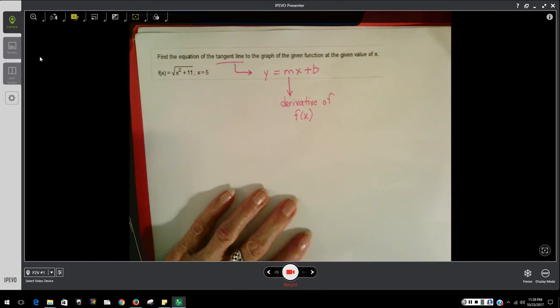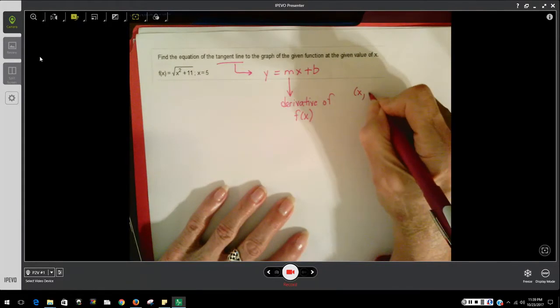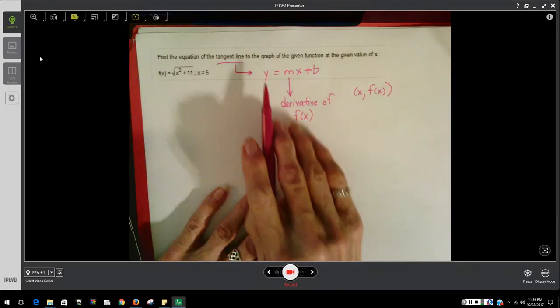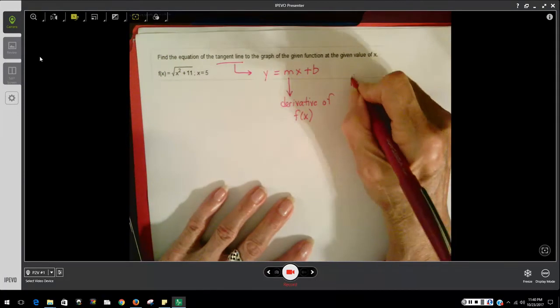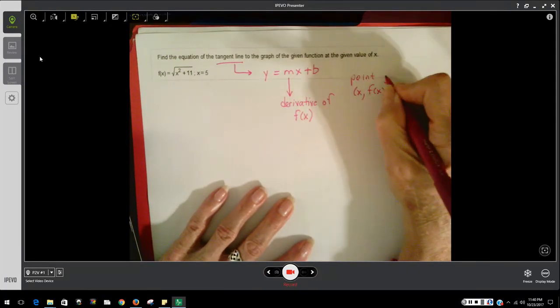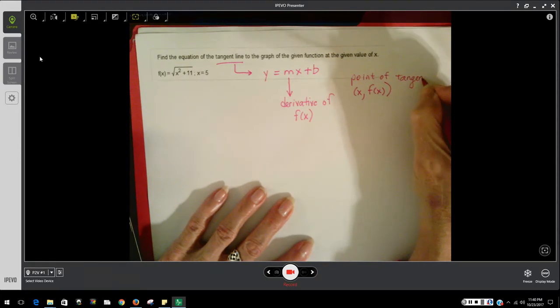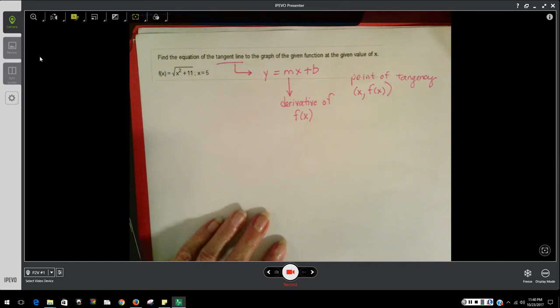And once we find the slope of the tangent line, we're also going to need to know a value x, f of x, so that we'll have a point to plug in for x and y, because that's going to be the point of tangency. So let's begin by looking at our function.